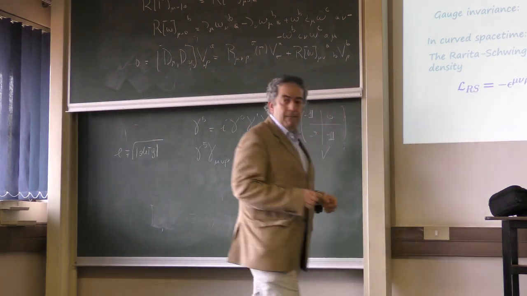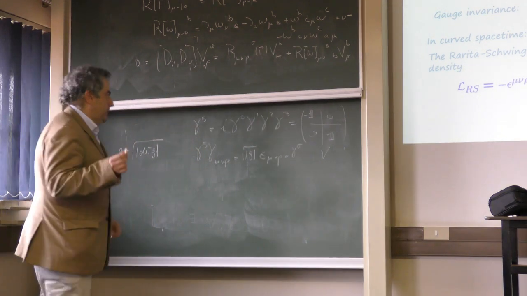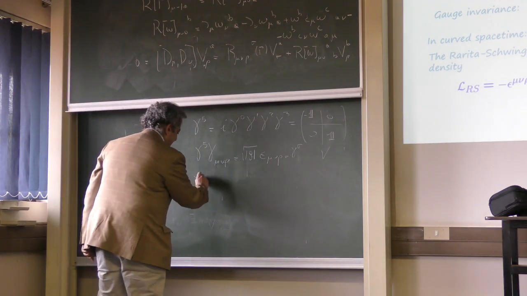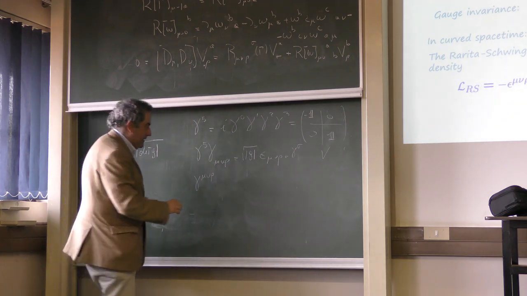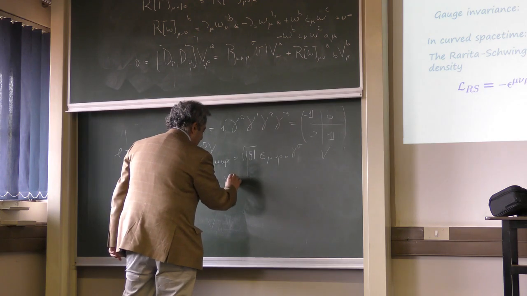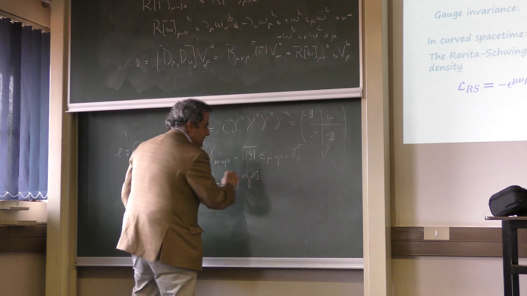Maybe the question was, what's the definition of gamma mu nu rho? Yes. This is the 3 times antisymmetrized product: gamma mu, gamma nu, gamma rho, antisymmetrized.